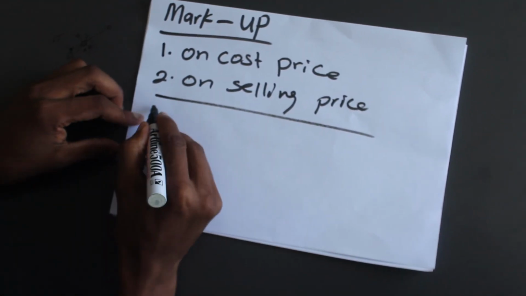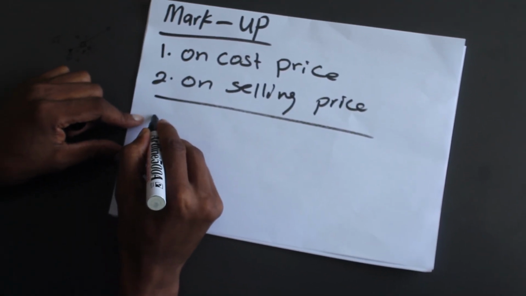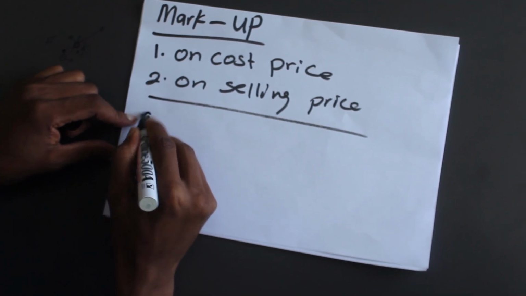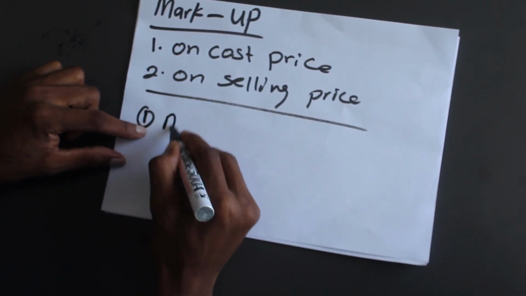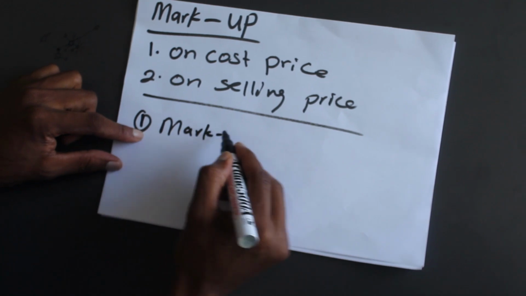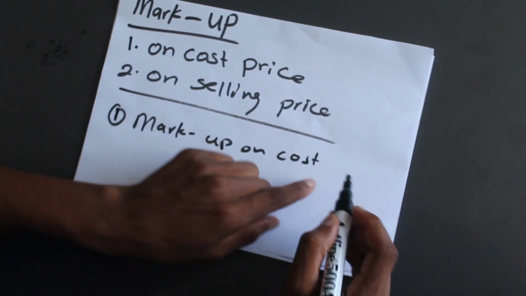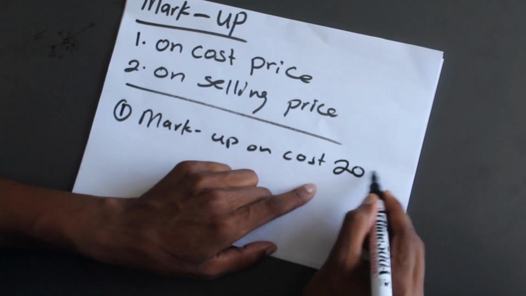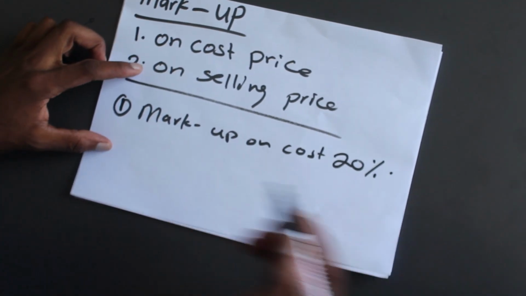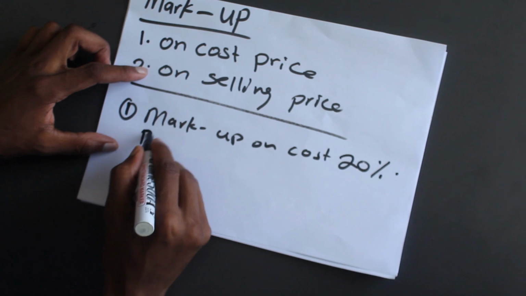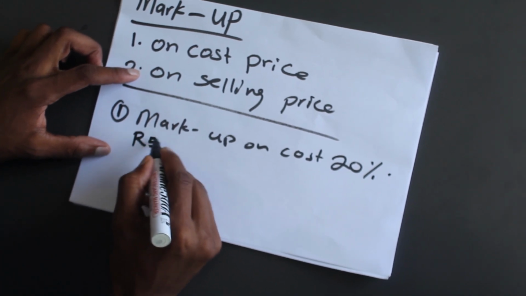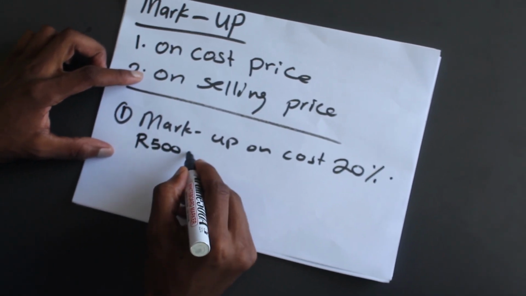I'm going to start with the markup on cost price, right? So markup on cost price. Let's say the markup is on cost price, 20%, and then the transaction gives you a cost price of 500 rand.